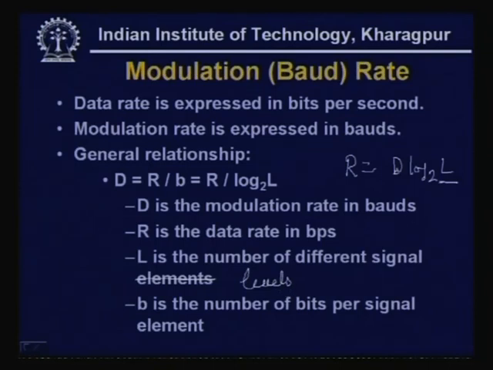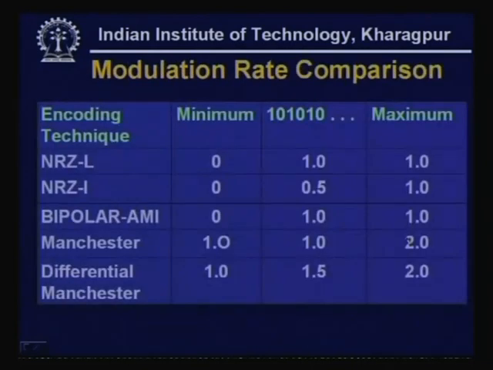And because of this, the efficiency will be more whenever the data rate is more than the baud rate. Let us see what is the situation for the codes that we have discussed.